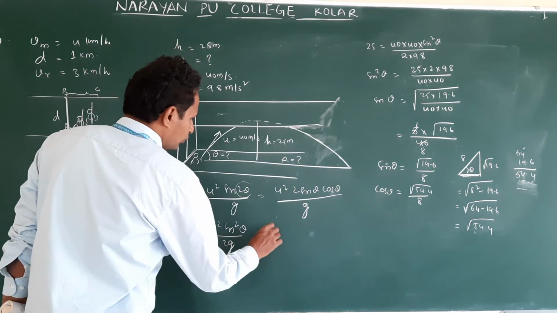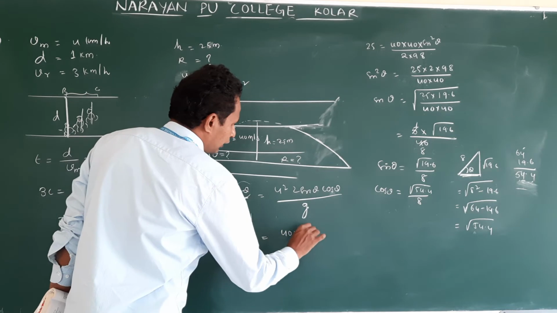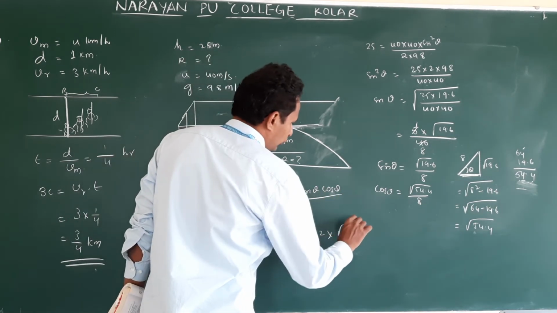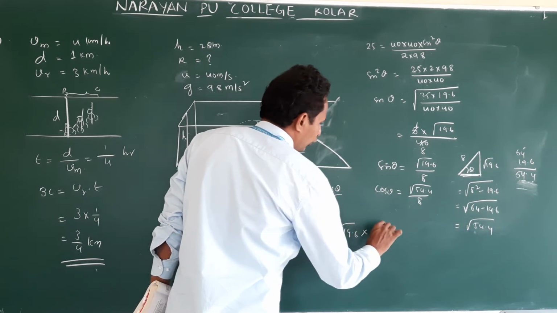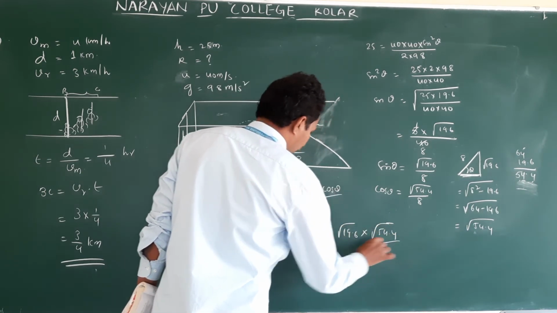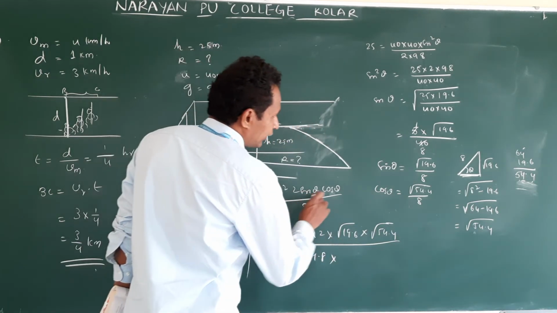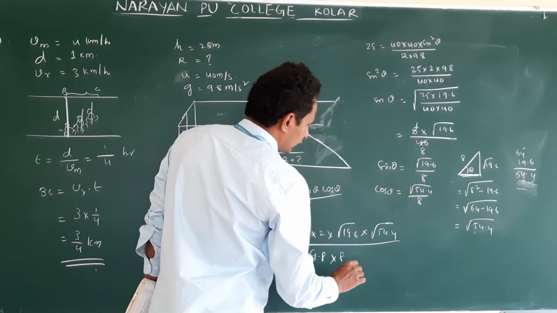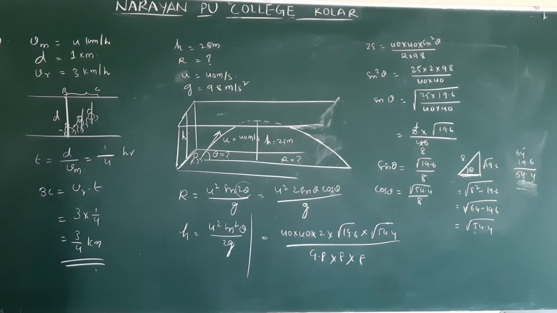Clear? Now u square, 40 into 40 as it is, sin theta is root 19.6 by 8, cos theta is root 54.4 by 8, denominator 9.8. To solve this, you will get the answer.